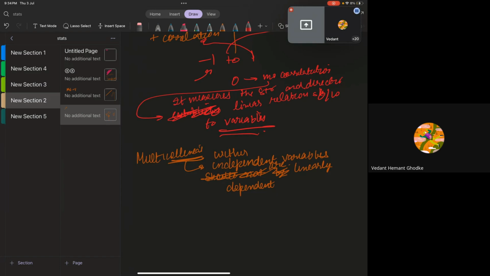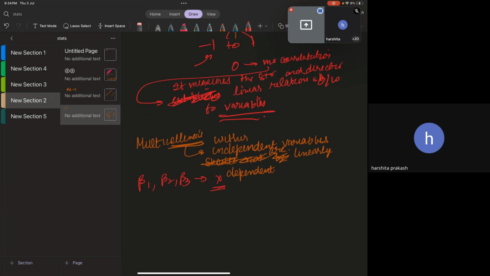Because the beta 1, beta 2, beta 3, their interpretation won't make any sense. There's one more reason, which I'll come to when we are diving deep into multicollinearity. And one way to measure linearly dependent is how? Correlation.